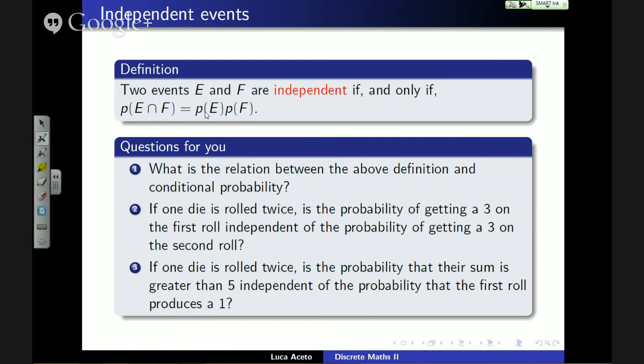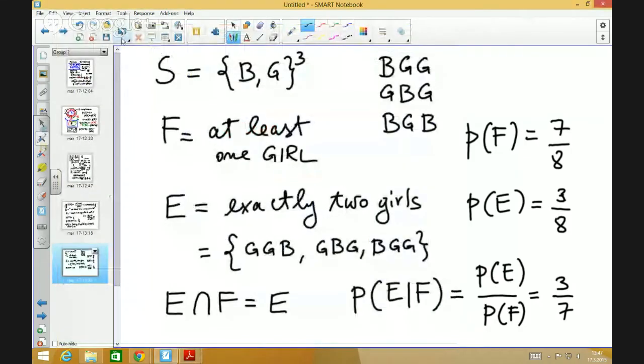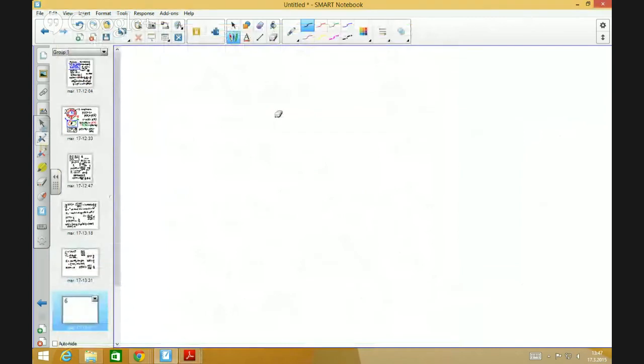Okay, so let's look at some examples. Well, first let's connect this with the definition of conditional probability. So suppose that E and F are independent.